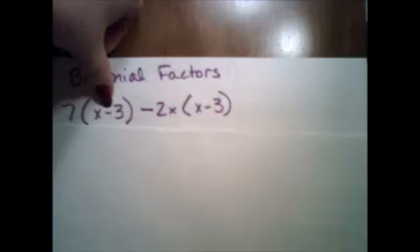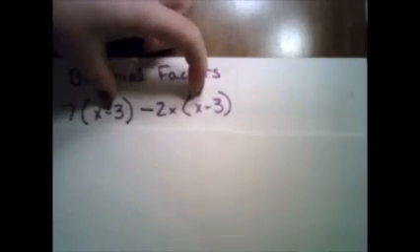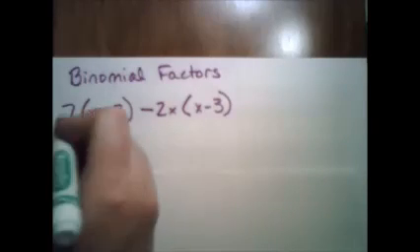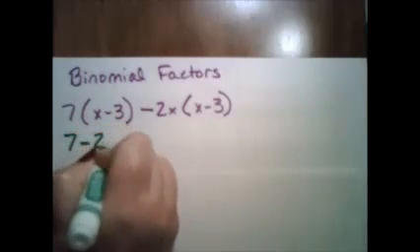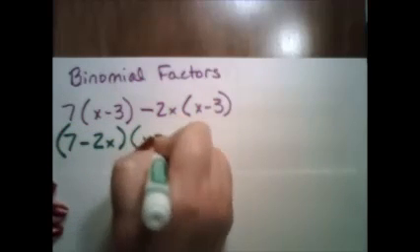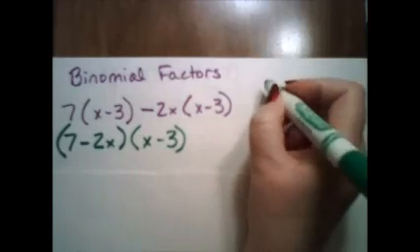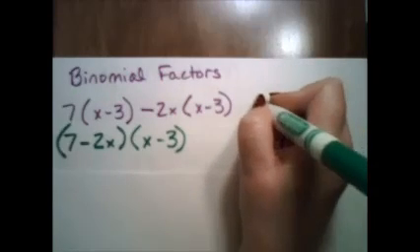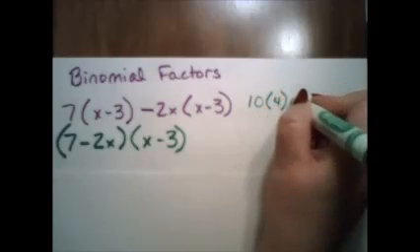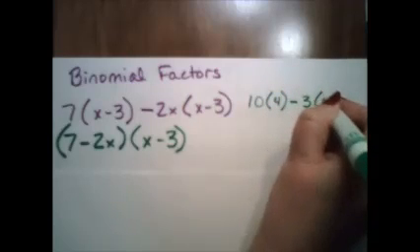If 7 times this minus 2 times this, we can rewrite this to say 7 minus 2x times x minus 3. Now let me show you something that you can understand. What if I had 10 times 4 minus 3 times 4?